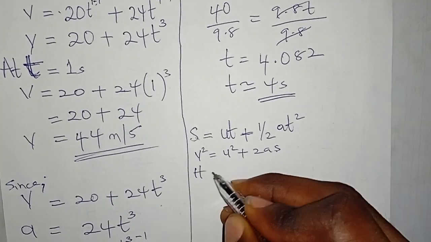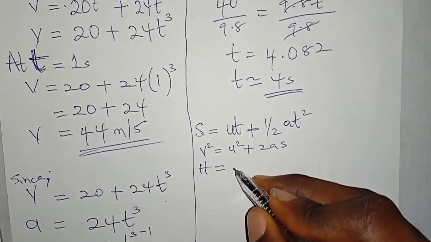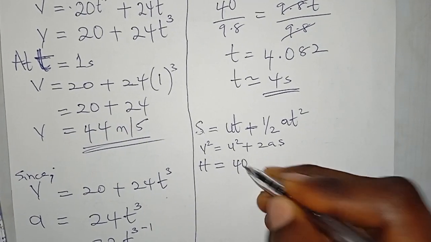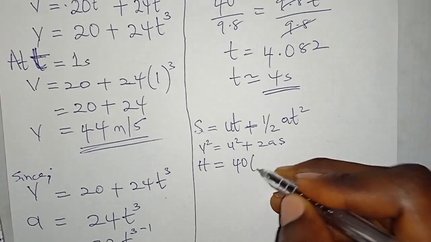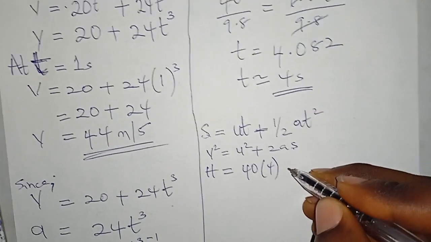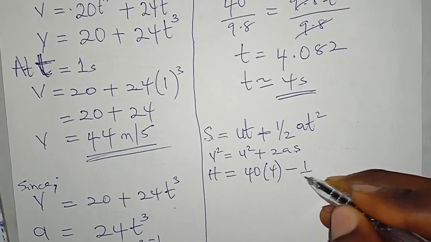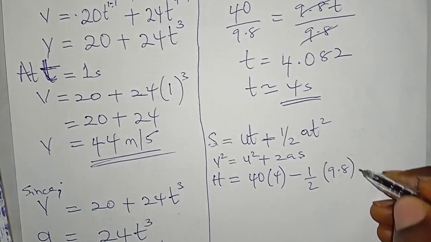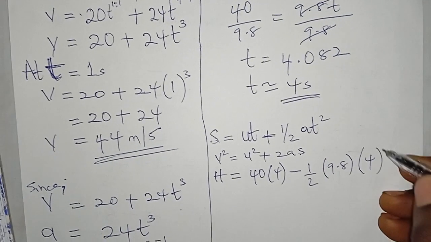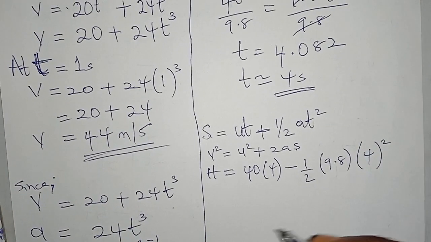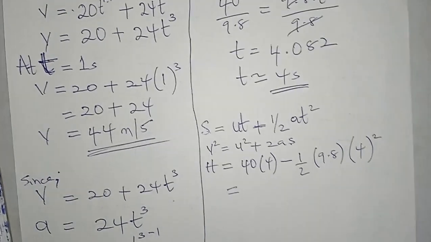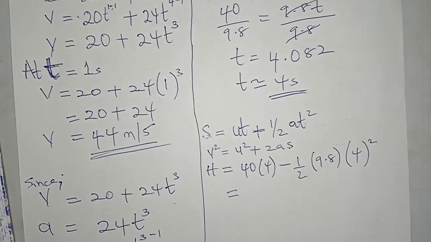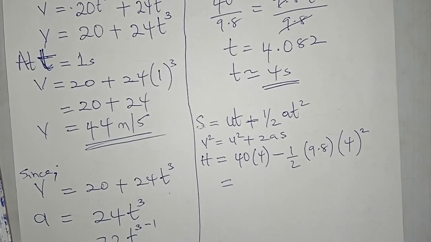So h is equal to u, which here is 40, times t, which is 4, minus half, g here is 9.8, and t is 4 squared. Let's check the distance at this highest point.